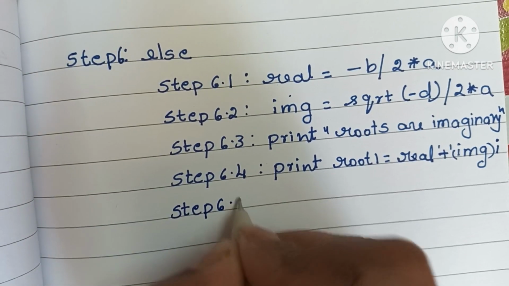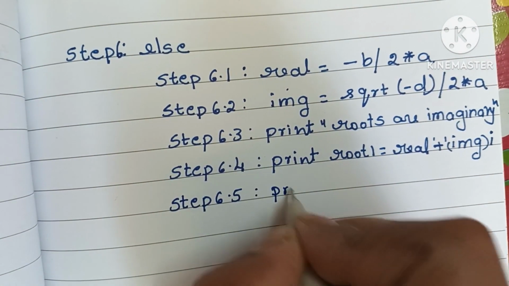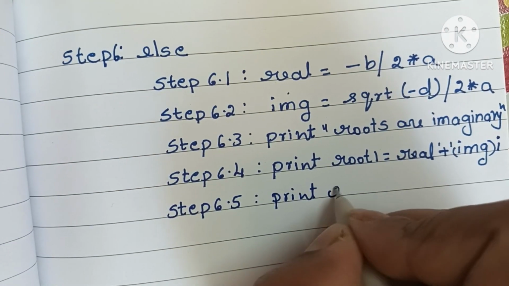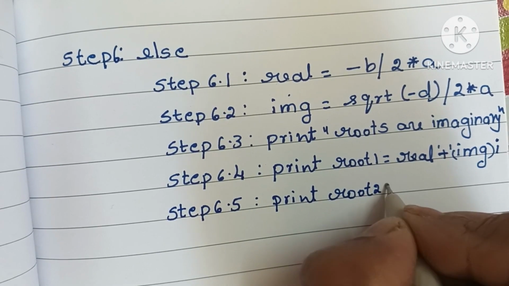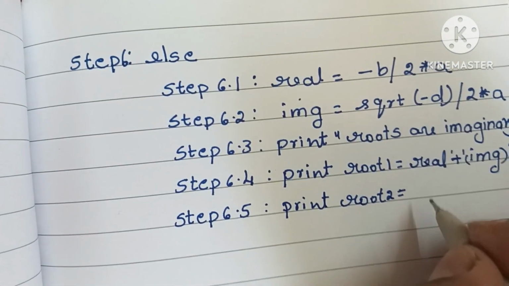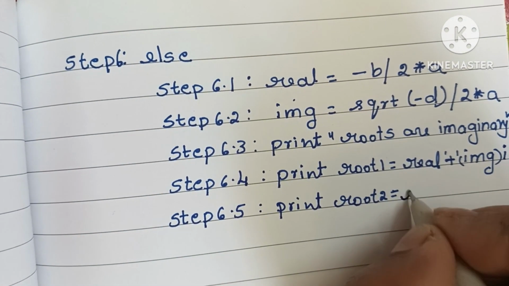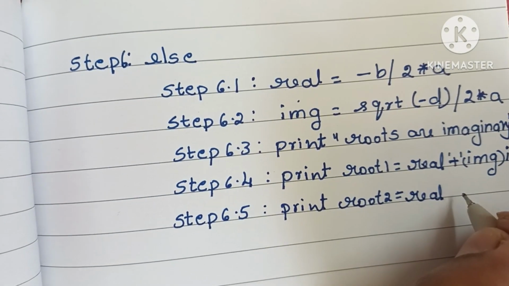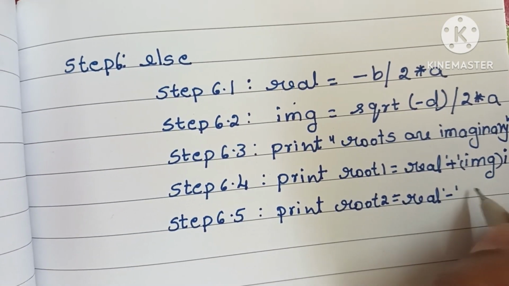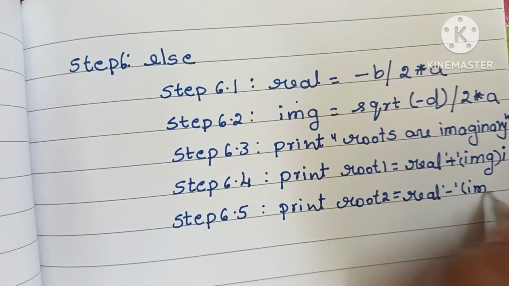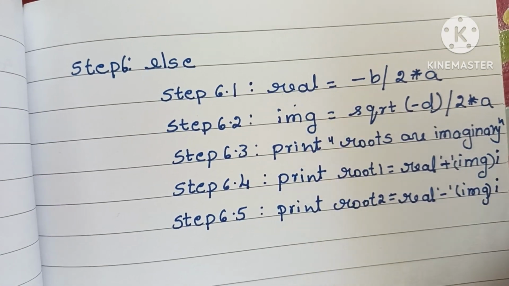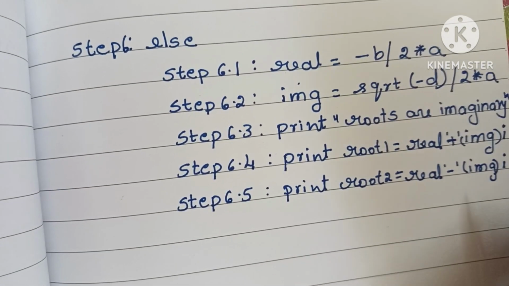In step number 6.5 we have to print root 2, that is equal to real value minus imaginary value and I value. Got it?